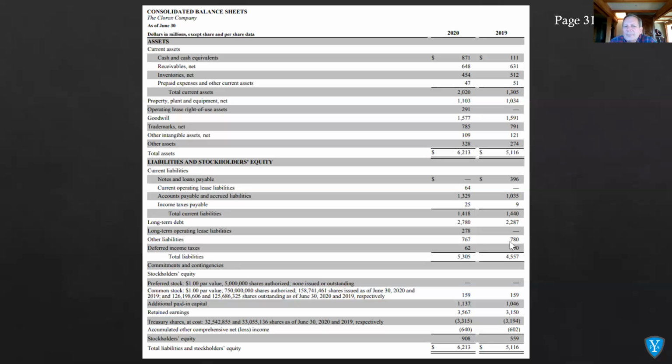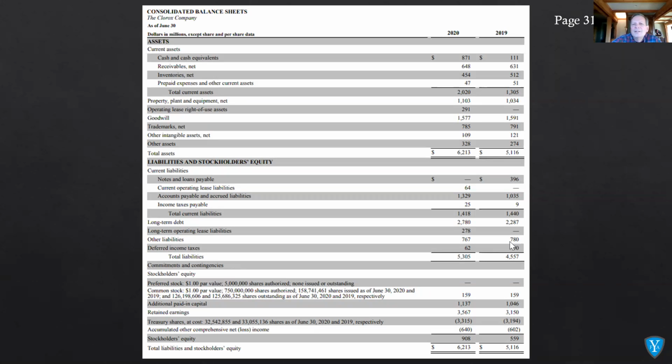And then long-term debt means it's money that they borrowed from banks or other places to run their business. So you can see there are a number of liabilities, and we come down to total liabilities of $5,300,000. And then we get to a stockholders equity section, and I'll ignore some of the details on here, but you can see stockholders equity in the total line there is $908 million.